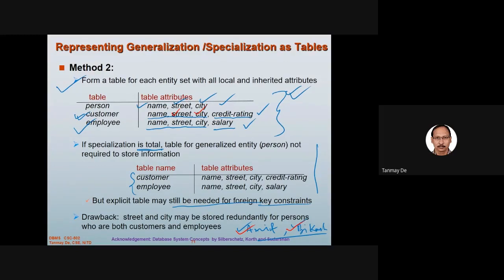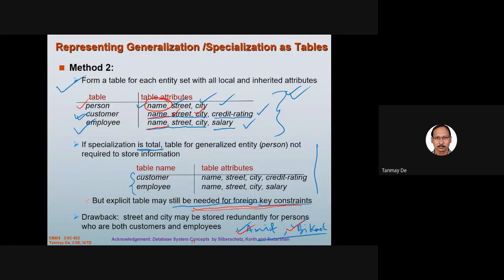I have not yet discussed the details about the foreign key. But here you can see this name. This name is the primary key of which table? Person table. Okay. Yes, sir. You can see name is present in the customer table as well as the employee table.